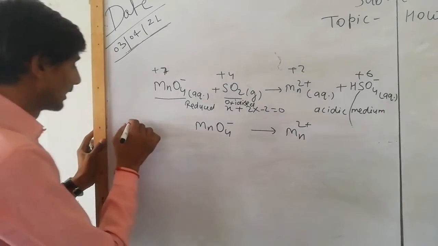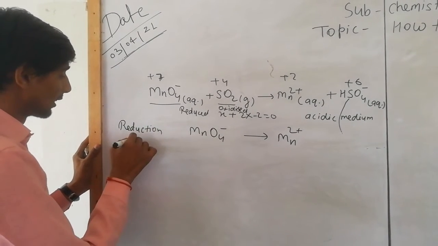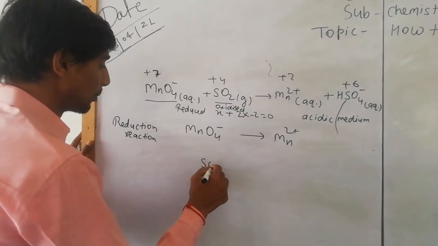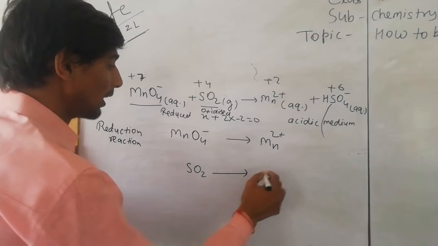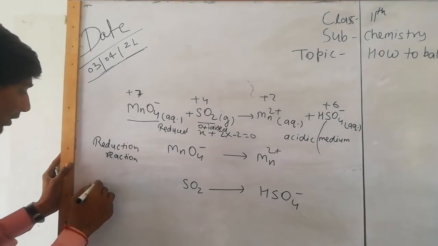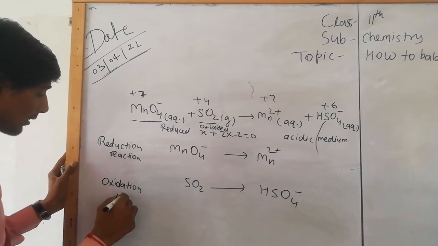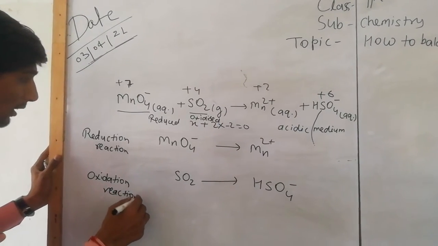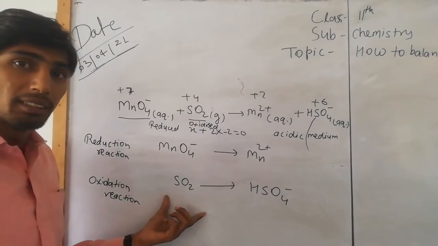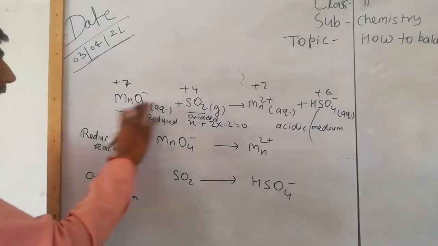This is the reduction reaction. And the second one is SO2 to HSO4 minus. This is the oxidation reaction. We balance the two separate reactions, and after that we add both equations and finally obtain the equation.